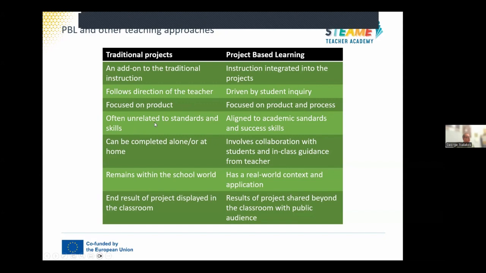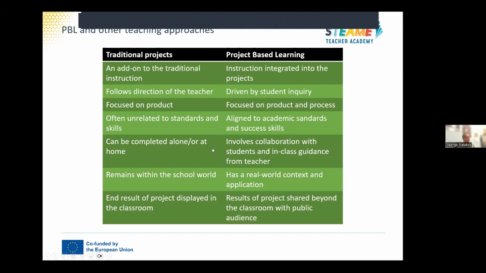And I mentioned before that a project may be related to the curriculum and to skills we have to cultivate in our students, while project-based learning is aligned with our curriculum and the skills we want to appear in our students.